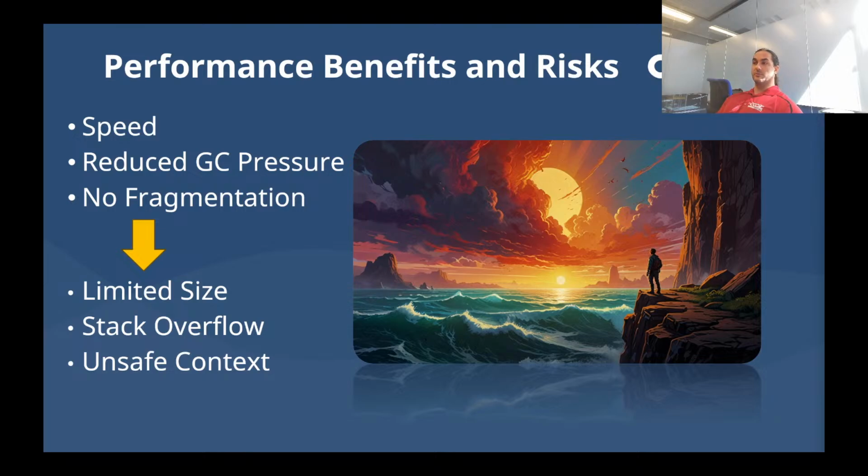So it is only suitable for small allocations. Excessive stack allocation, when you're not careful, can lead to what we know as stack overflow, which will crash your application. And it can only be used in unsafe code blocks. So you have to be very careful with your memory management to avoid any undefined behavior.